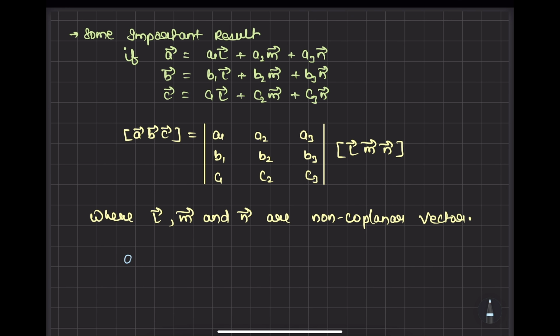The idea is, in that case you will write the box product of vector a, vector b, vector c, squared. This time you will get the answer as a square. Look at how we will write it. We will write a, b, c.